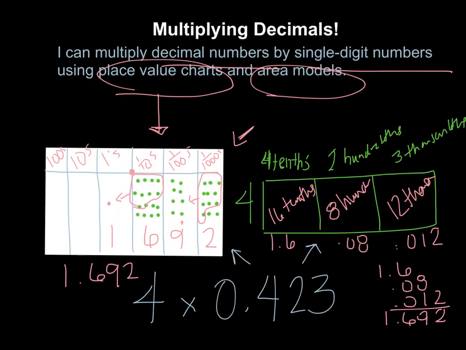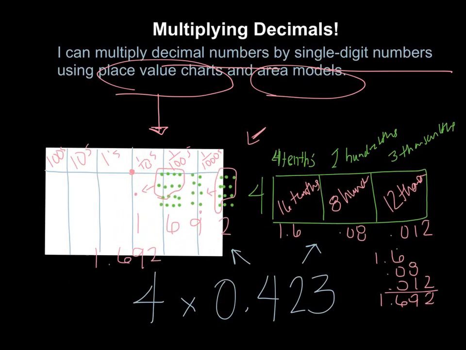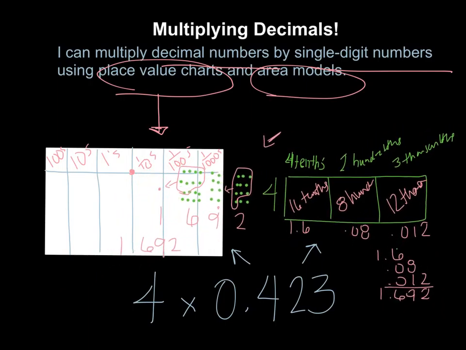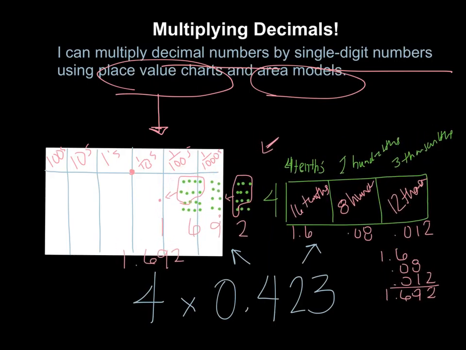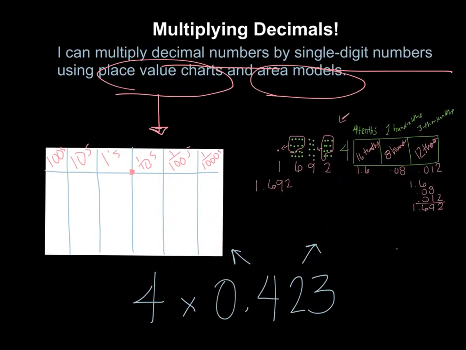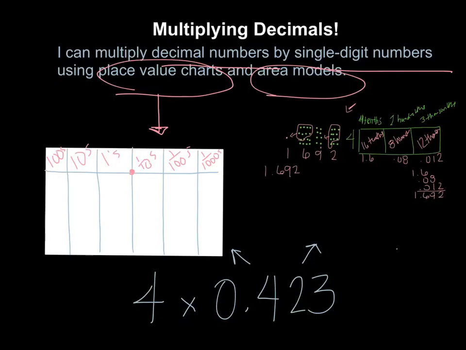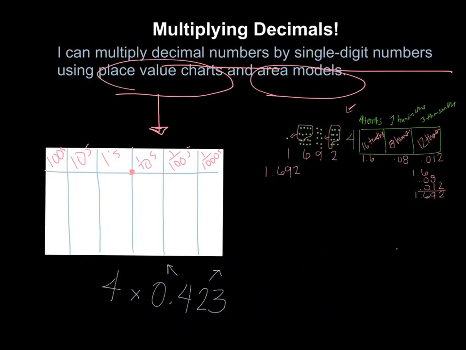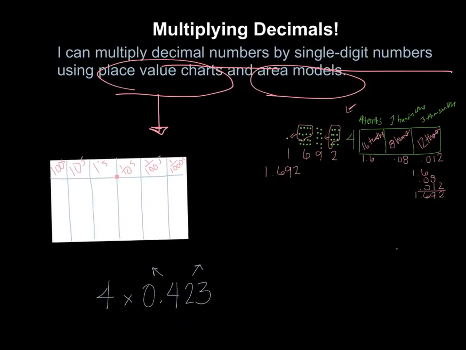Very cool. The next thing I want to show you is what you might have seen before, which is all of this work in the standard algorithm. So we'll just leave our place value chart and whatnot over here. So this might look really familiar to you, especially if you've seen your parents multiply like this before.